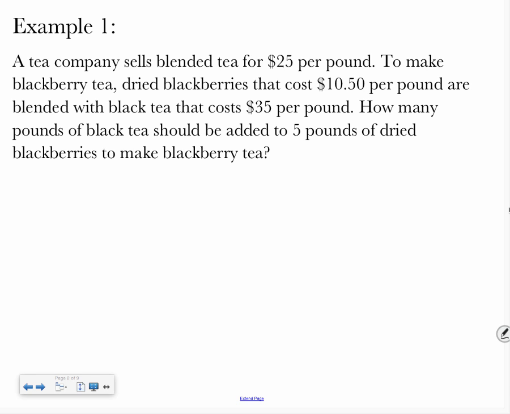Okay, so we're making tea, I know that much, and we're told some ingredients. We're told about dried blackberries, and we're told some information about them. So I'm going to write blackberries.